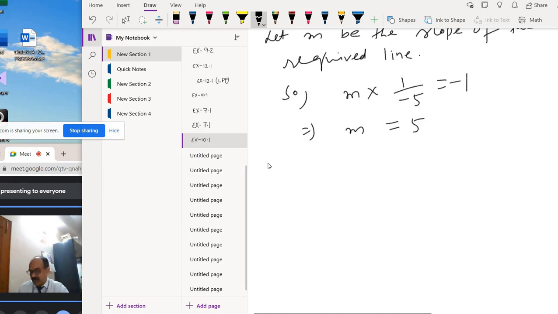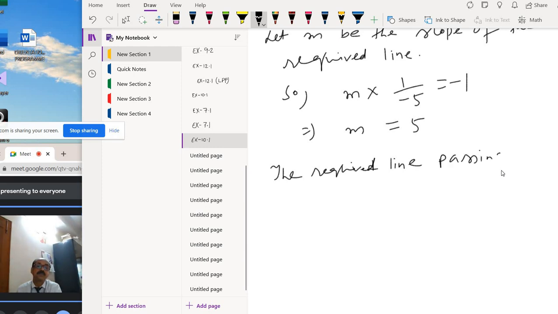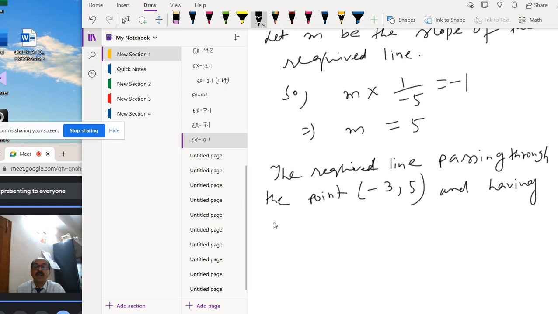So the required line passes through the given point (minus 3, 5) and has slope 5.